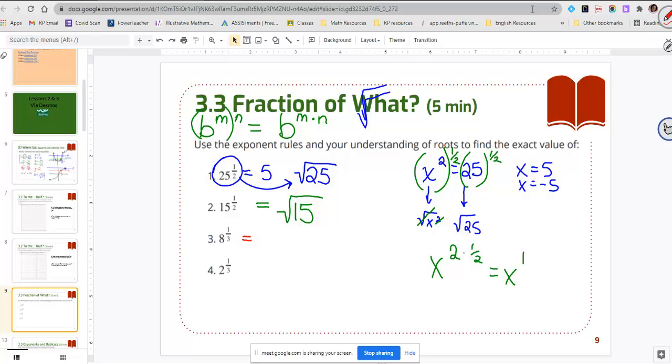We saw in our warm-up that we could take the cube root of 8 to find that it equals 2. Here we can do the same thing. We would take the cube root of 8. So whatever that denominator is becomes the number in front of the radical.